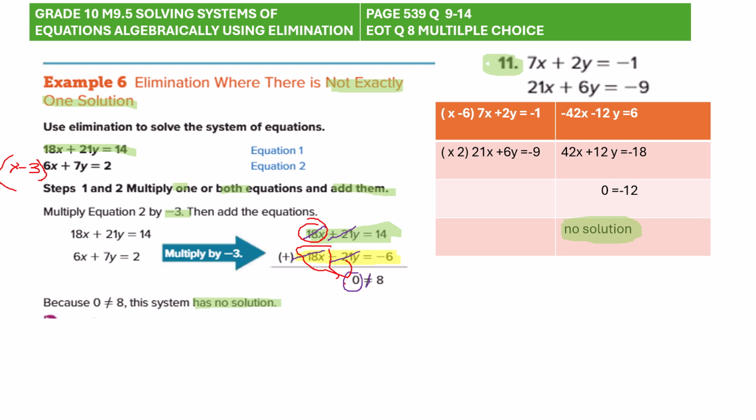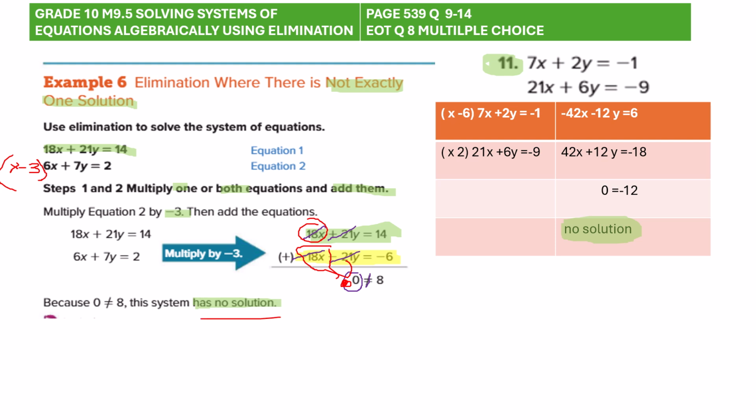Therefore, we end up with 0 is equal to 8, and we know that 0 can never be equal to 8. Therefore, this system has no solution.